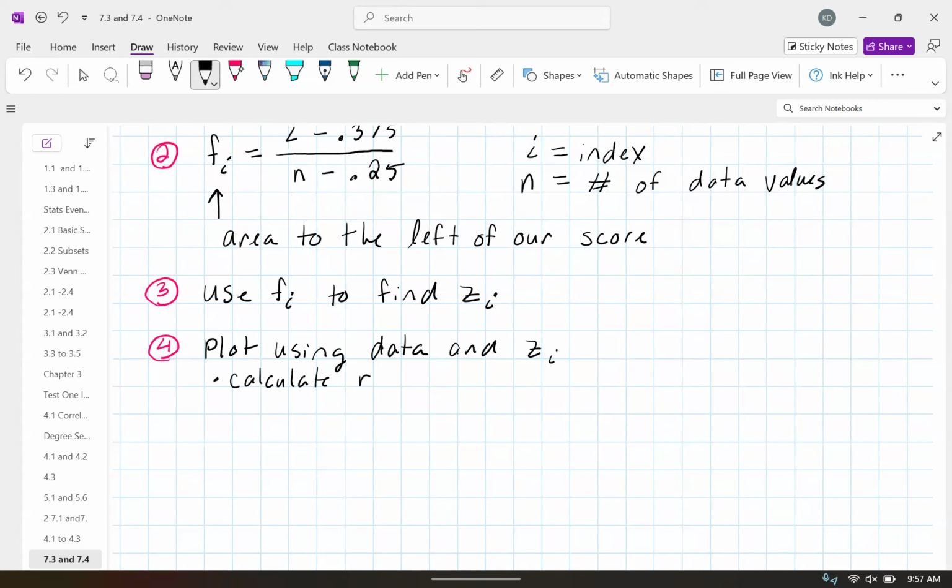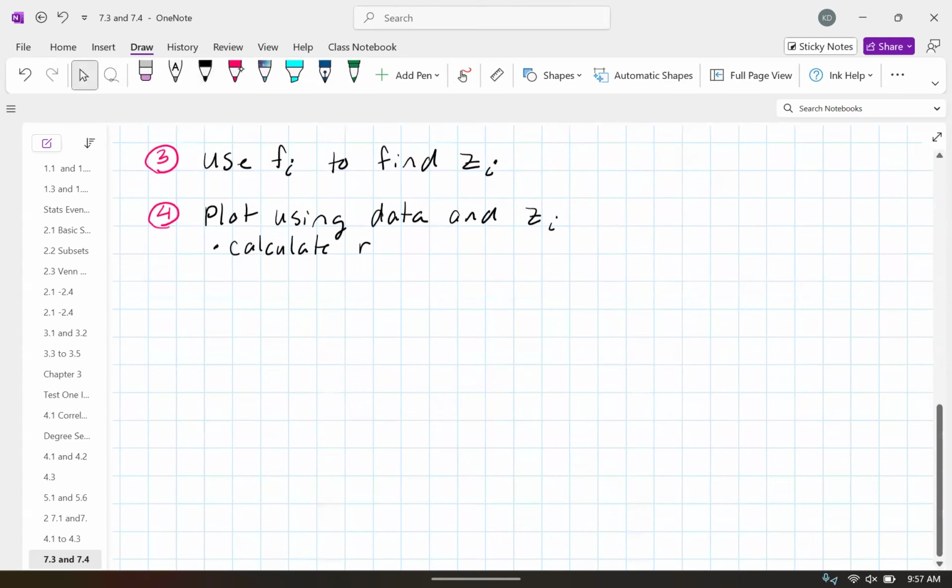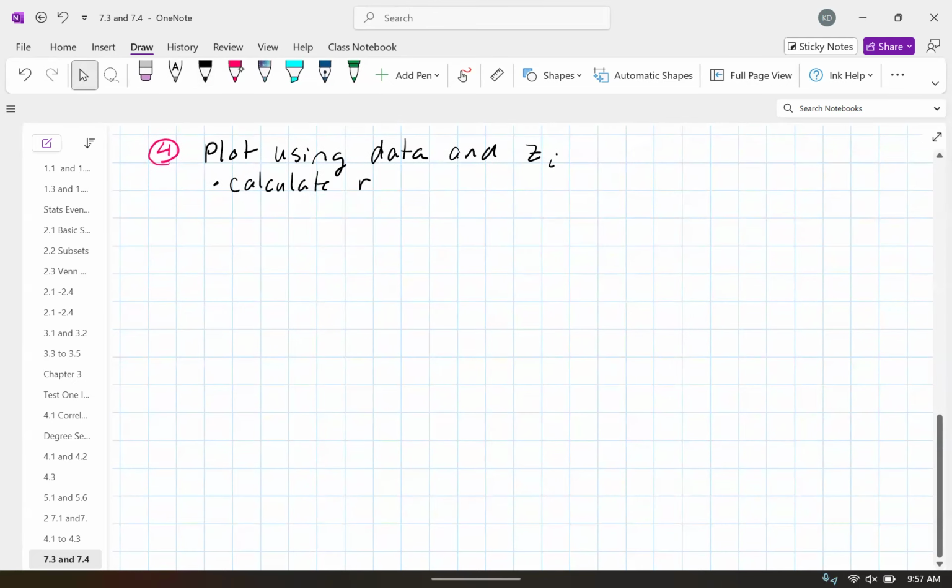So let's look at a data set. I'm going to give it here, and then we're going to go over to the Google Sheet to do some of this. We've already put our data in order.